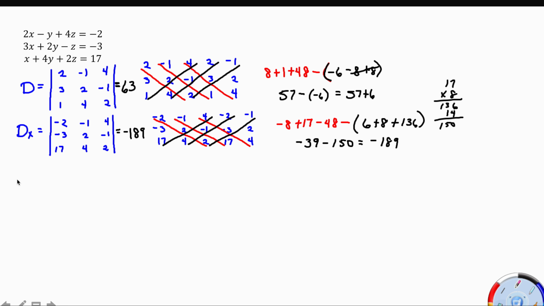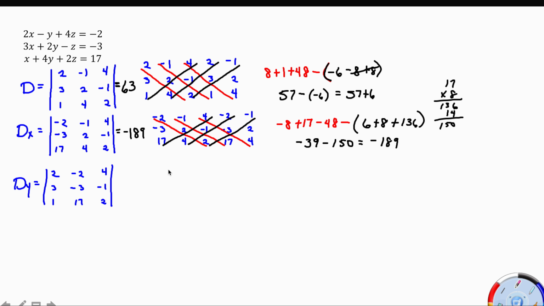And I'm going to do the same thing to find my d sub y. I'm going to replace the y column with the solution column. So 2, 3, 1, negative 2, negative 3, 17, and 4, negative 1, 2.